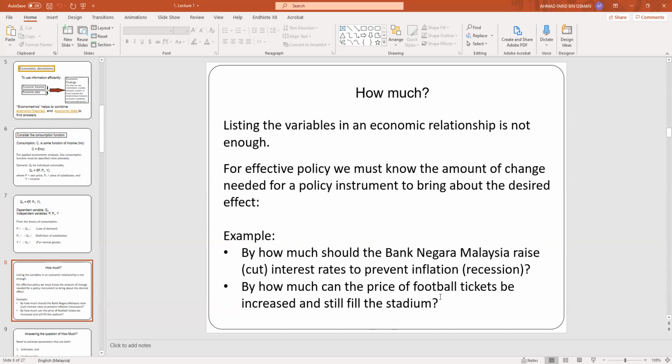In this case, we would like to know the magnitude of the effects, the magnitude of the relationship. By how much should we reduce the ticket price so that we can have a higher number of spectators, to fill the stadium?